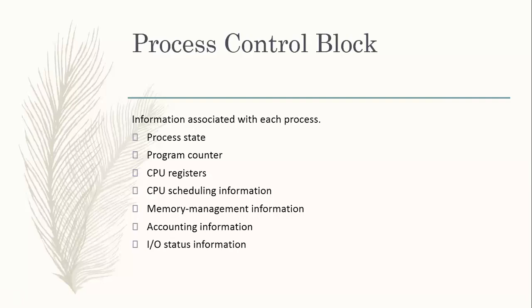Once we have the process ID, what other information can I have? I can have information about the current status of the process, whether it is in memory, or executing in the CPU, or waiting for a certain kind of IO operation, or it got terminated.